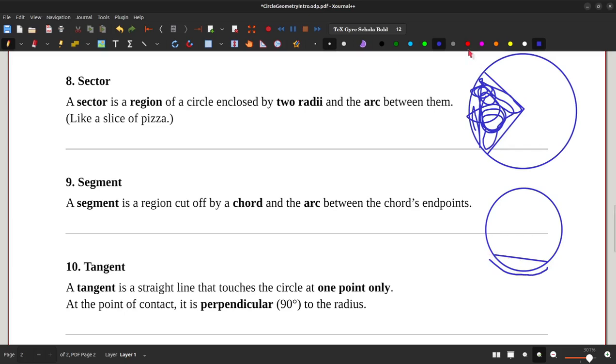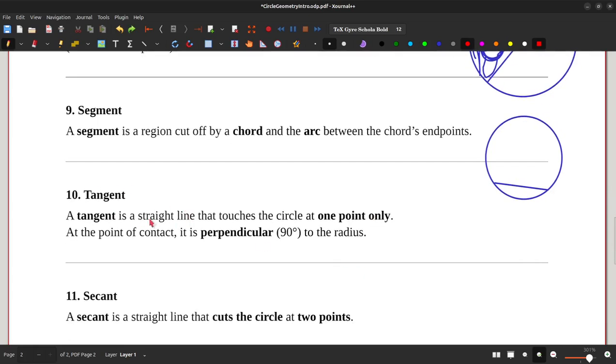Then the other arc, this side, is called the major arc. Now, what is a segment? We are saying it is the region cut off by a chord and the arc between the chord's endpoints. So this region, sorry, the segment, that's the region there.